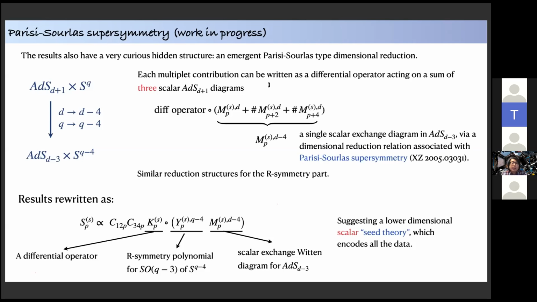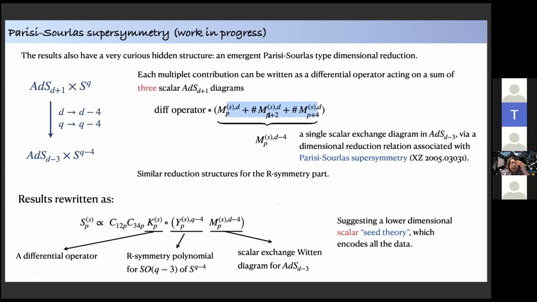More precisely, we can write the contribution from each multiplet as some differential operator acting on some object, but that object turns out to be precisely the sum of three scalar diagrams in the original AdS background.